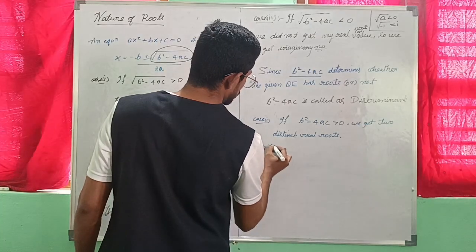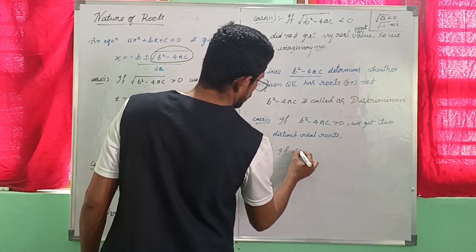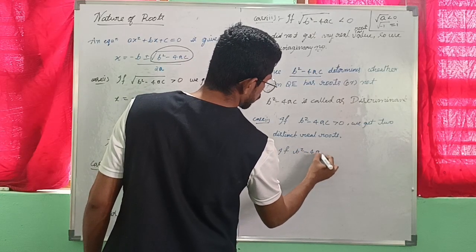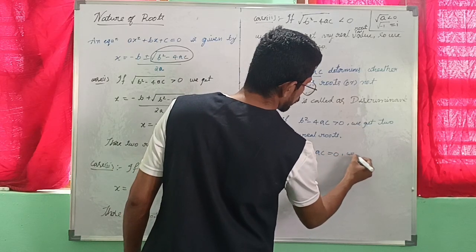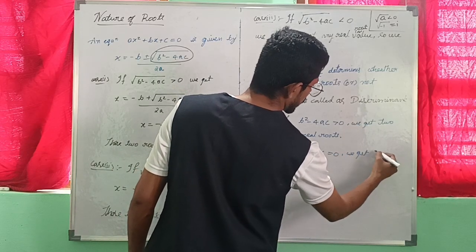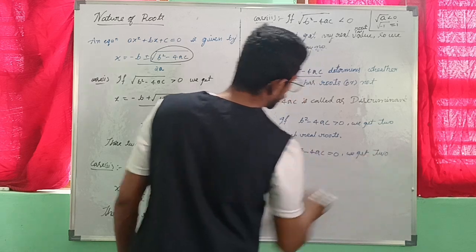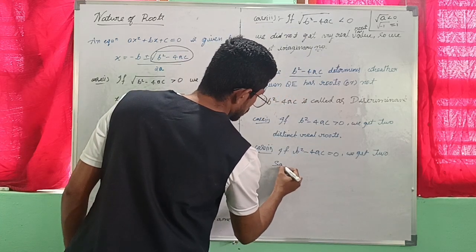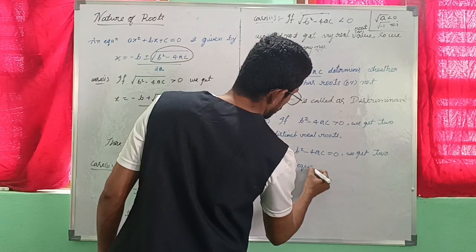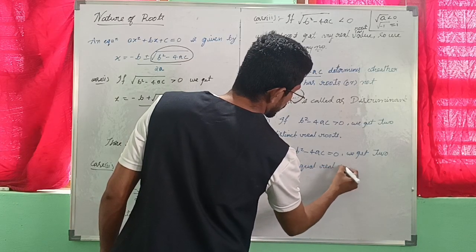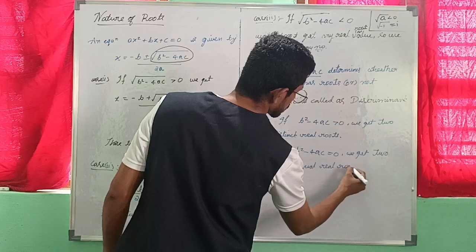In case 2, if b square minus 4ac is equal to 0, we get two same or equal real roots.